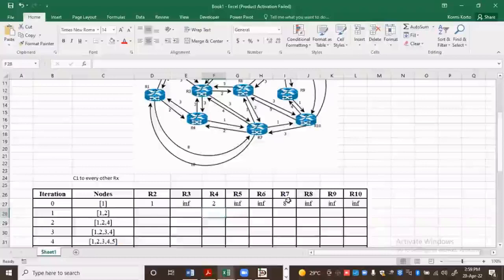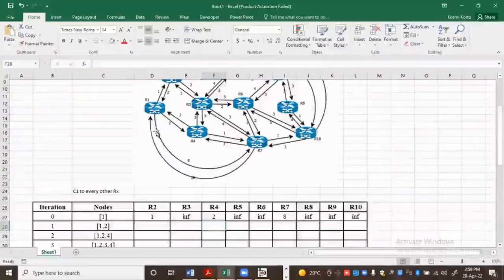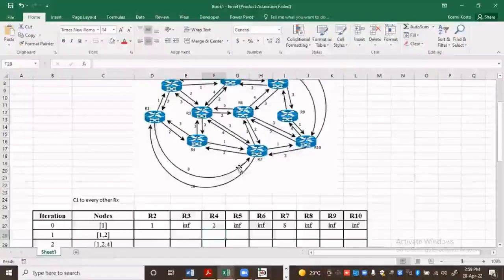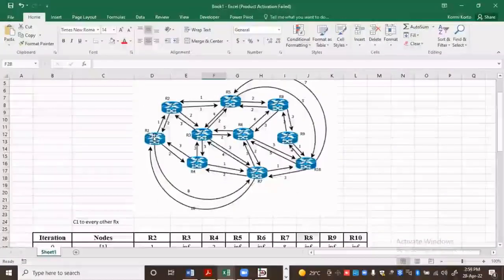Okay, so in the first iteration, we notice that we can only move packets to router 2, router 4, and router 7, simply because we are directly connected to them. We have cables that connect directly to them. Router 2 has a cable connecting directly with a cost of 1. Router 4, a cable with a cost of 2.